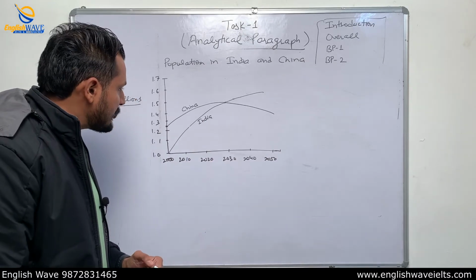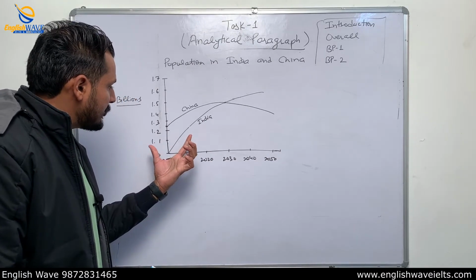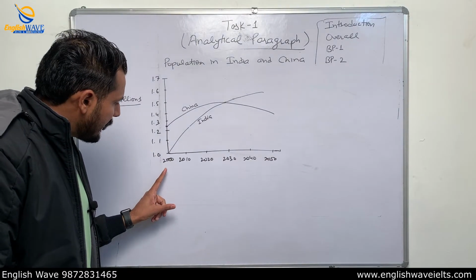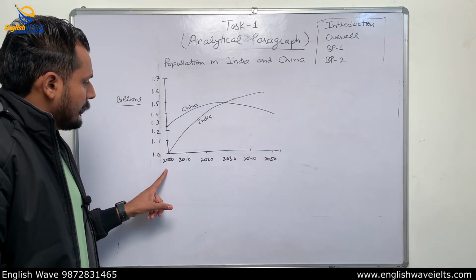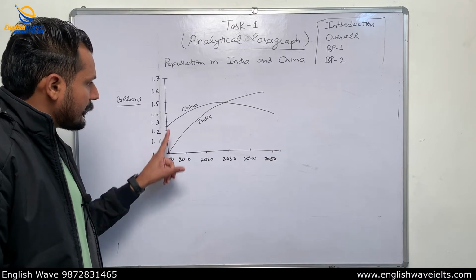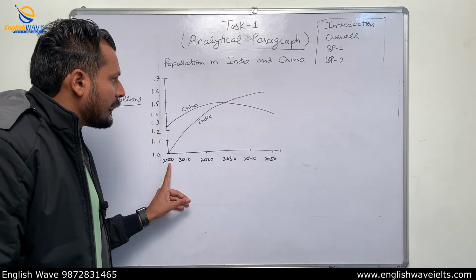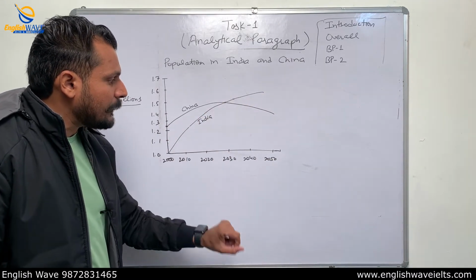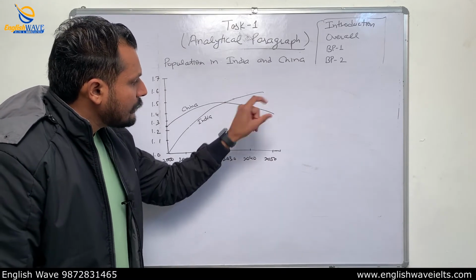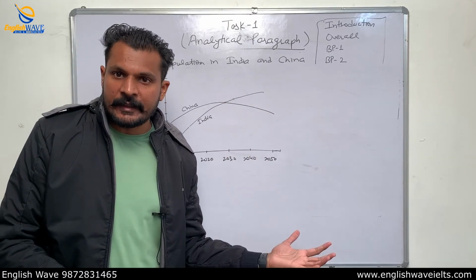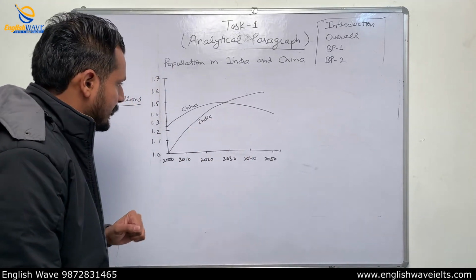What is the second thing that we have to see? Initially India's population is less as compared to China, but ultimately it is being peaked out in 2050. This is the trend we can see. So let's write.